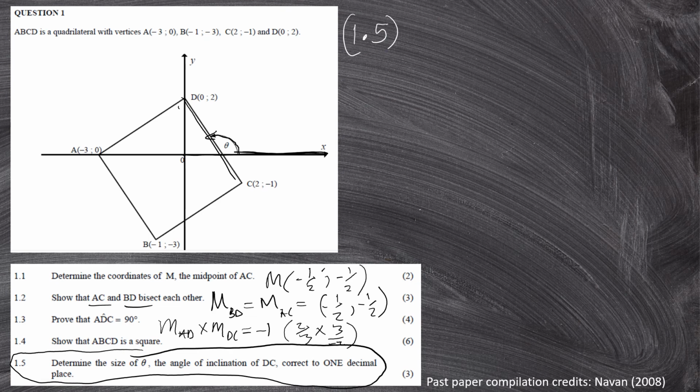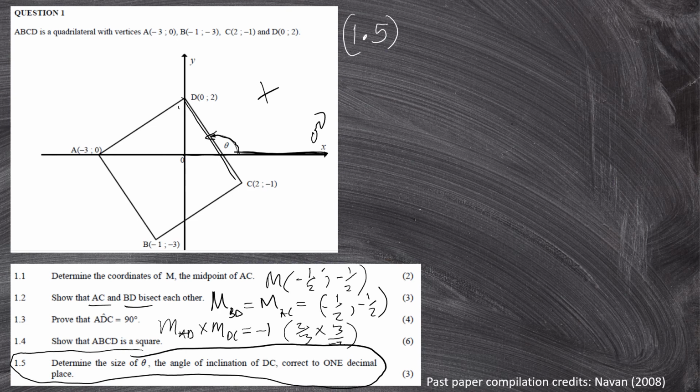Meaning that our angle of inclination will always be positive, because when we measure angles in an anti-clockwise direction, they are positive. This is 0 degrees, 90 degrees, 180 degrees, 270 degrees. What happens when you calculate the angle of inclination and you find that it is negative? You must add 180 degrees.